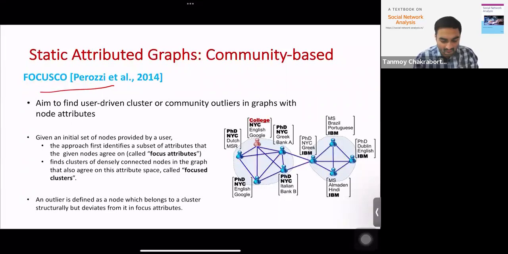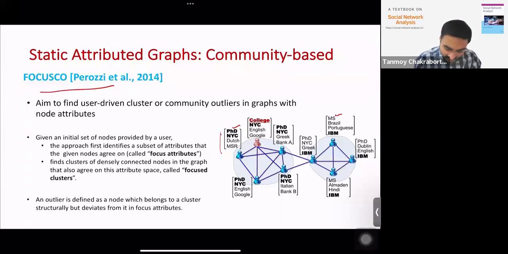Okay, what is this algorithm saying? So this algorithm is developed on an attributed graph. You see that every node is associated with a feature, right? And what are the features here? You see that you have a degree, PhD or MS, the educational degree of the node.